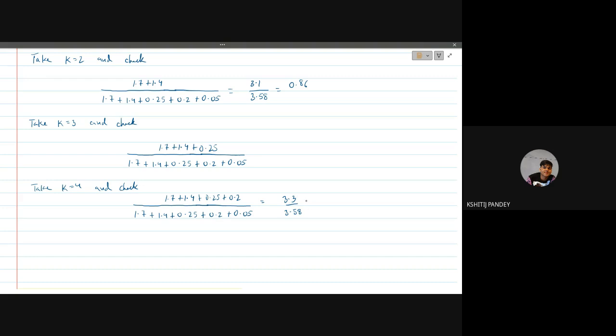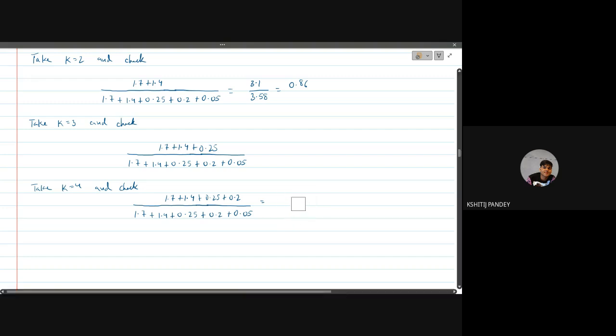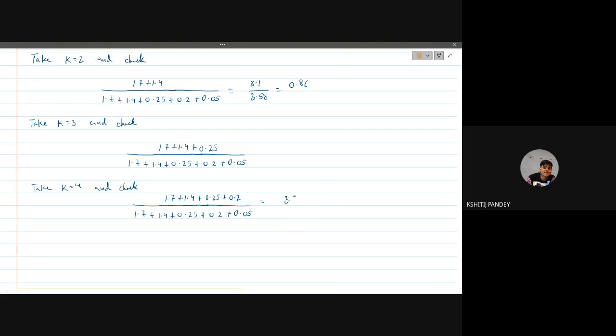It is 92, right? So it's 3.55 in the numerator, sorry, 3.55 divided by 3.58. Yes, now this is correct. So this is 99%.